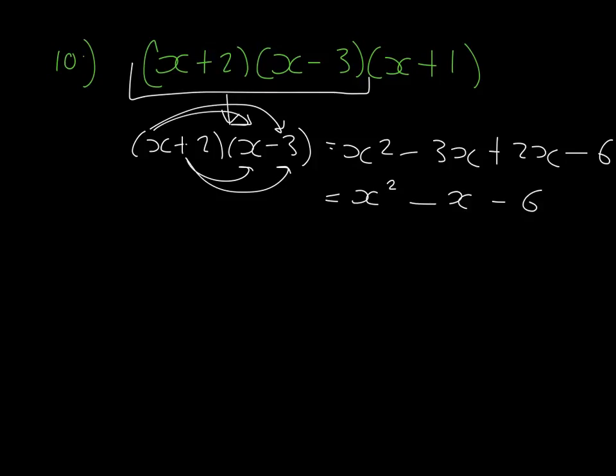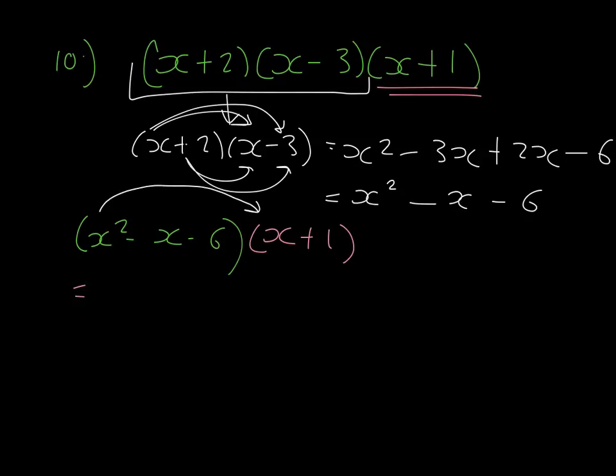We then have to take this result and multiply it by the final bracket, x plus 1, and we do this in neat stages. So x squared multiplied by x gives me x cubed, x squared multiplied by 1 gives me an x squared.